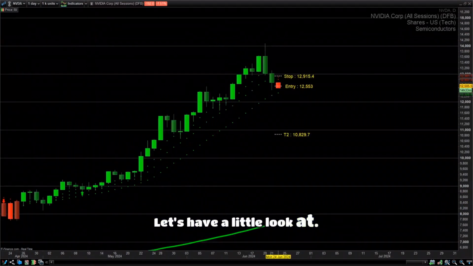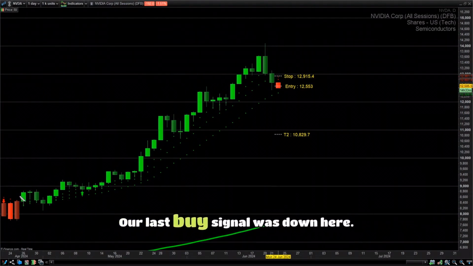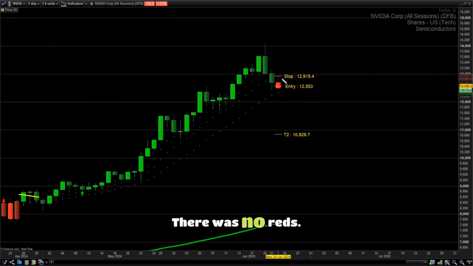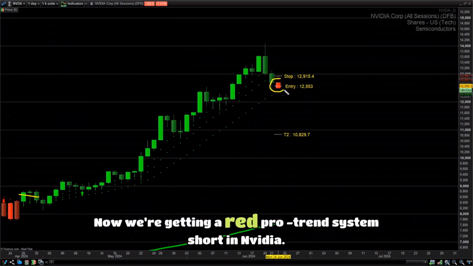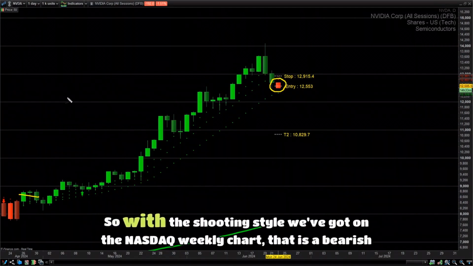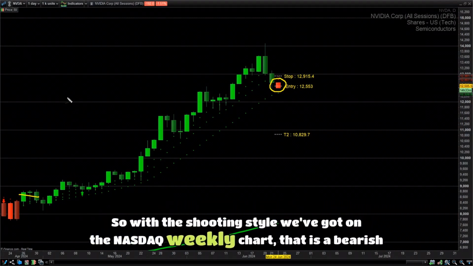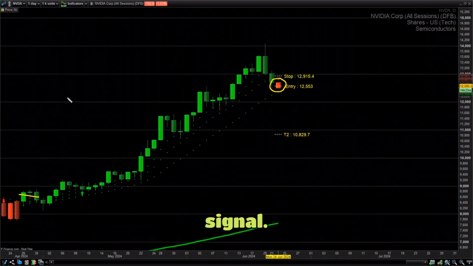Let's have a little look at NVIDIA. Okay, some different developments in NVIDIA. Our last buy signal was down here. It stayed green all the way up. There was no reds. Now we're getting a red Pro Trading System short in NVIDIA. So with the shooting star we've got on the NASDAQ weekly chart, that is a bearish signal.